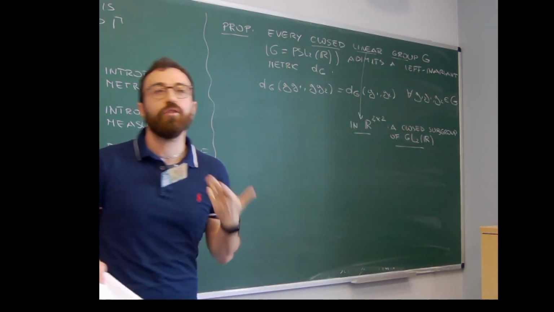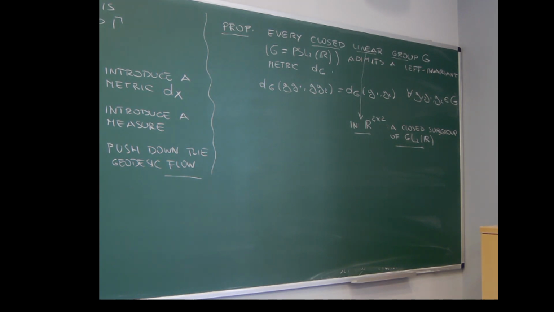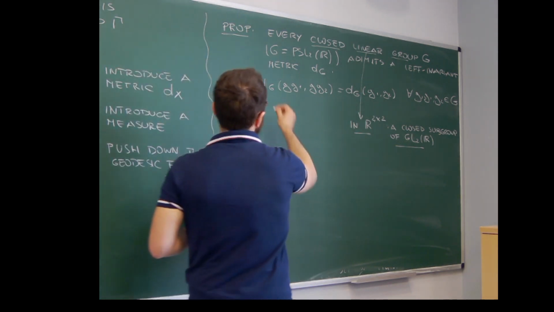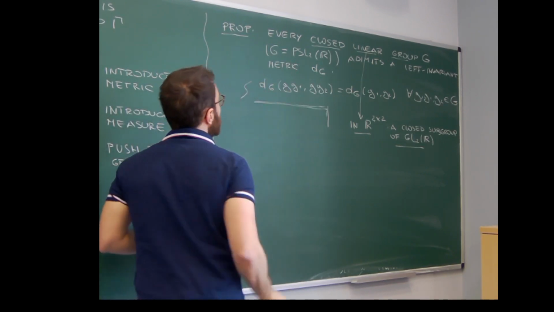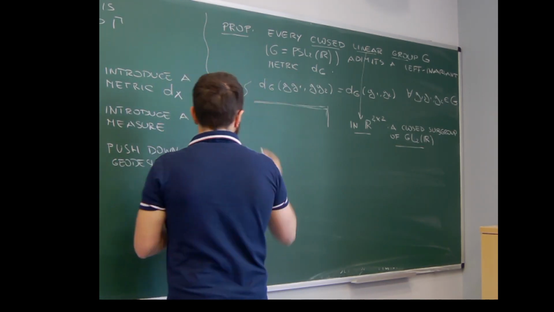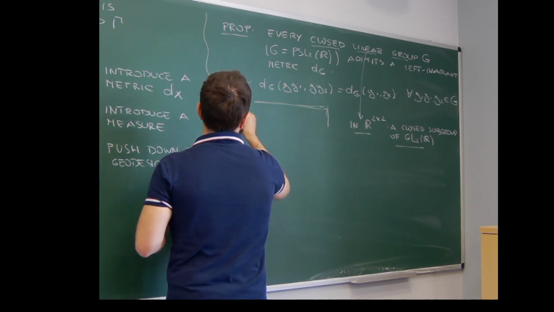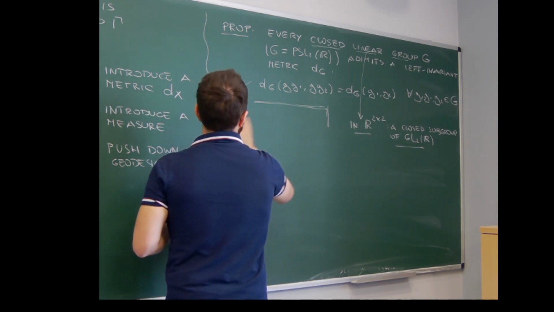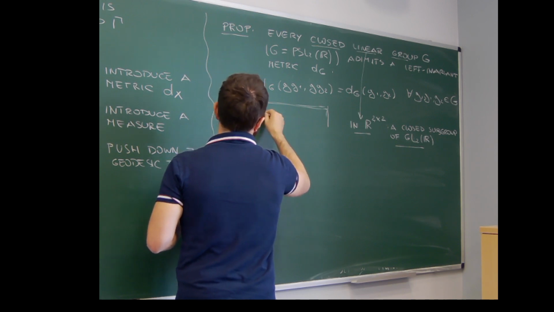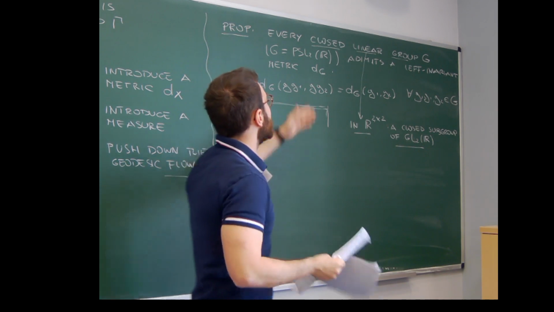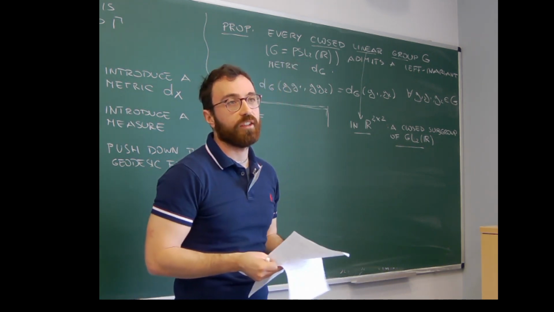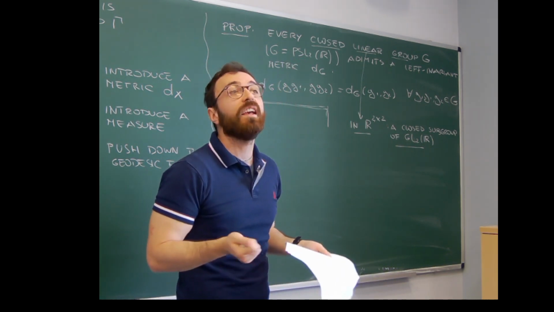These closed linear groups in reality are the same as Lie groups, but this is a deep fact that I'm not going to prove here. By knowing this, an idea of proof of this proposition is the following. It's not immediately clear why PSL2R should be a closed linear group, because this is just a quotient of SL2R.